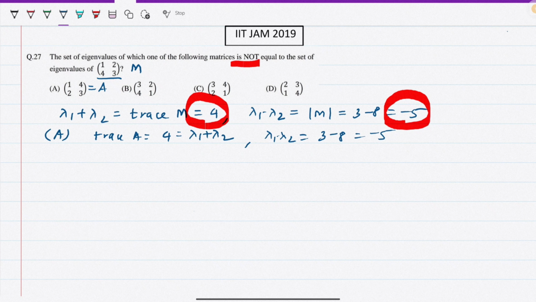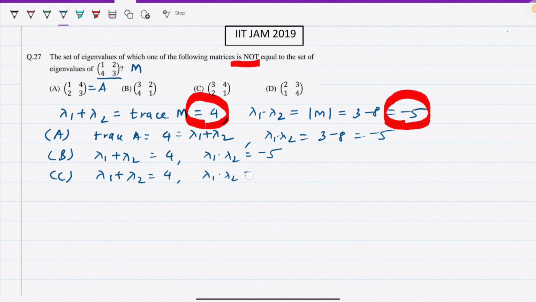That aligns with the given matrix M. For the matrix in B, the sum of the eigenvalues is again 4, while the product of the eigenvalues is equal to negative 5. So that's also fine with M. For matrix in option C, the sum of the eigenvalues is 4, while the product is again equal to 3 minus 8, that's negative 5.